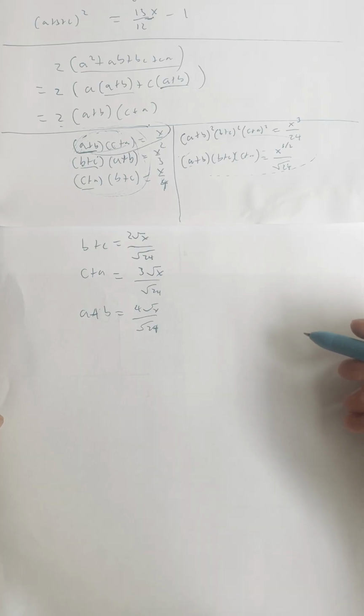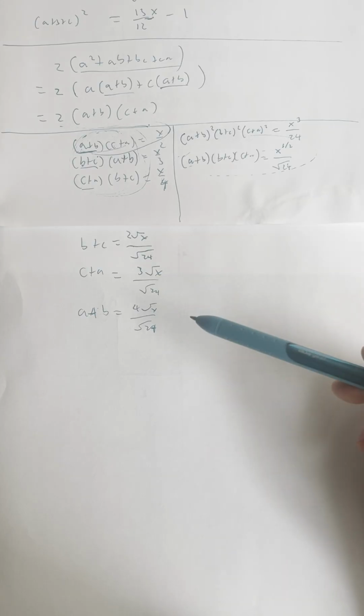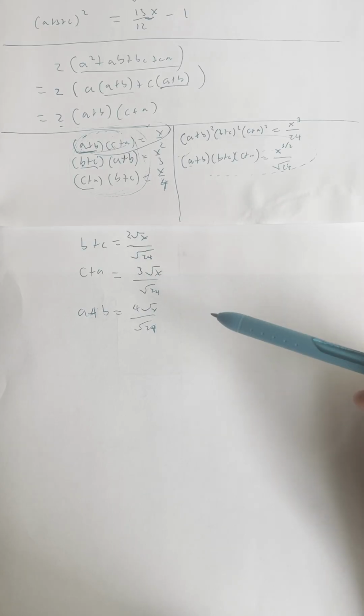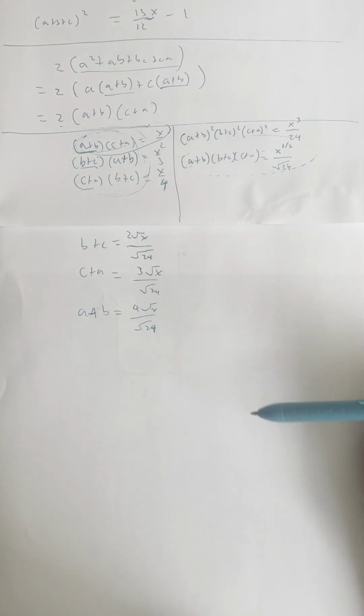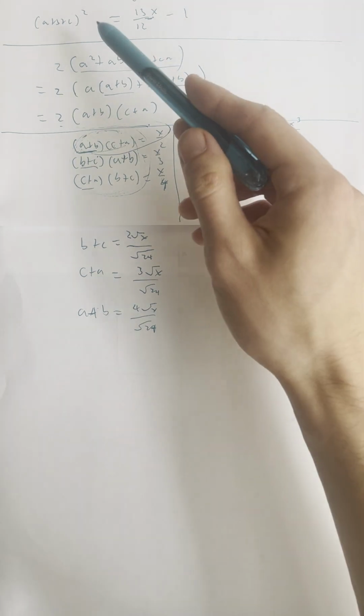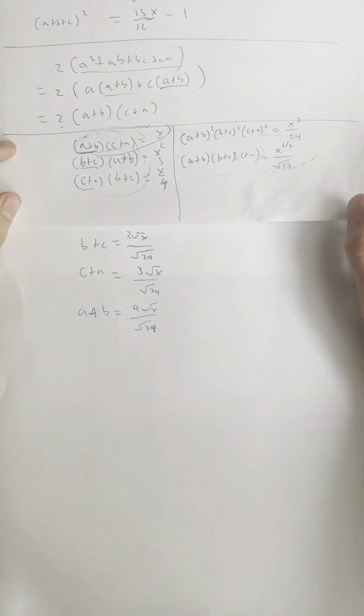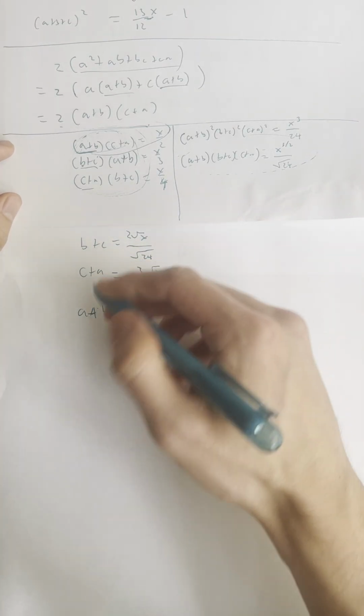It gets a in terms of x, b in terms of x, and c in terms of x, but it doesn't exactly solve for a, b, or c. It doesn't give you the exact values, so it doesn't really help. But yeah, eyes on the ball. Let's try to express this in a different way by squaring these equations.